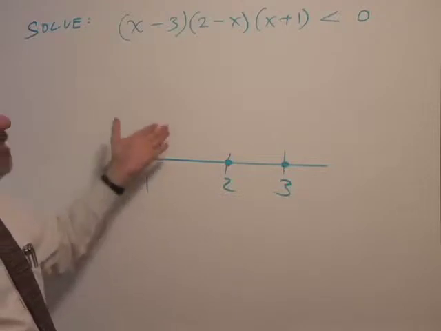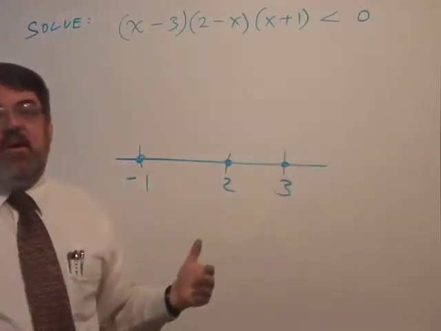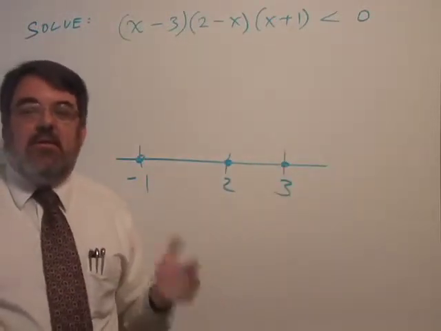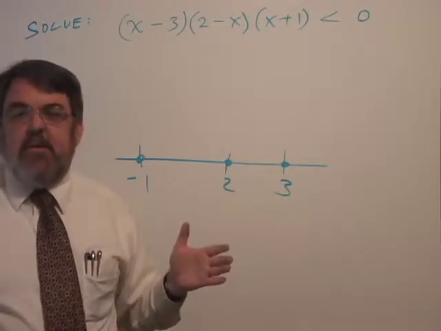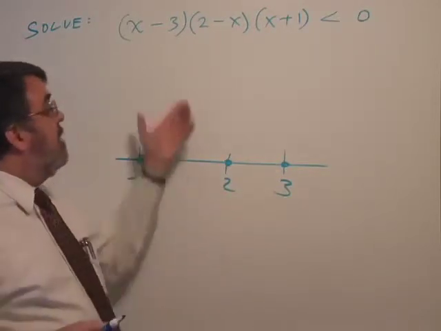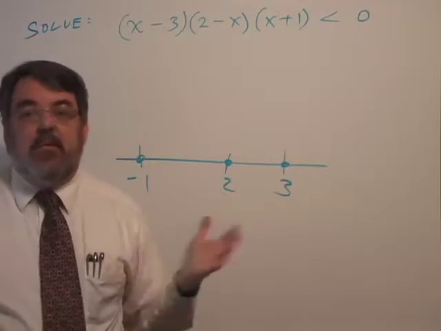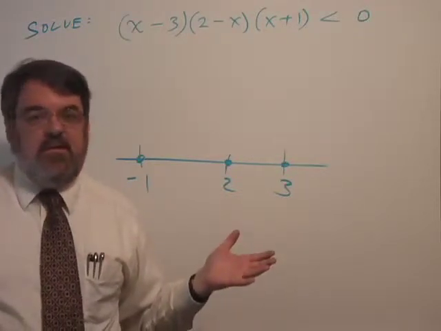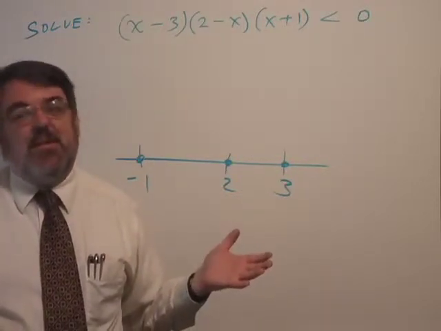When it's less than 0, that's part of the solution. So it's a trial and error testing method for solving an inequality. Perfectly valid method. It just takes more time than is necessary.